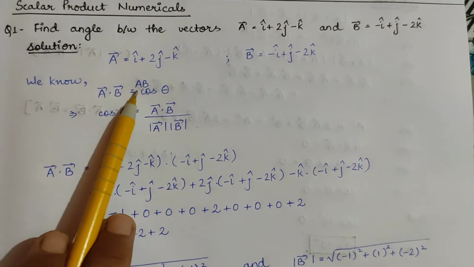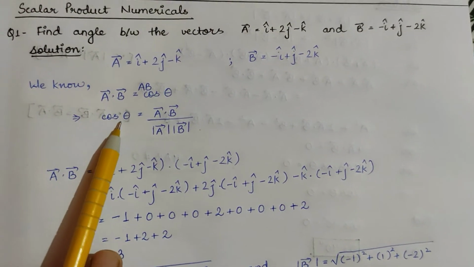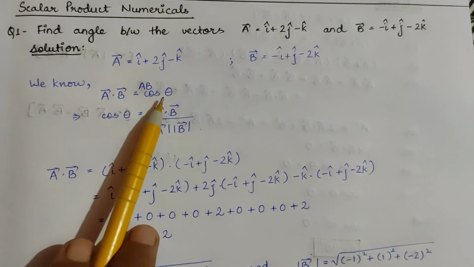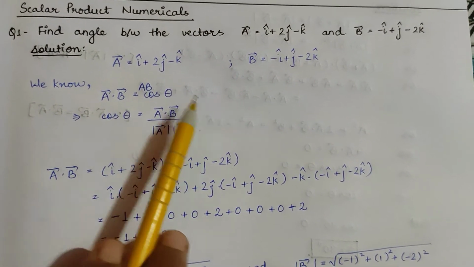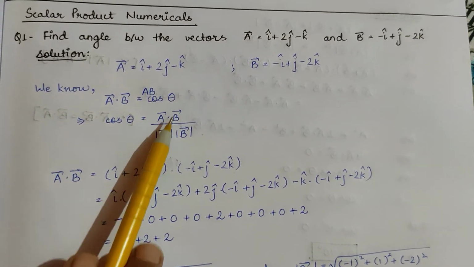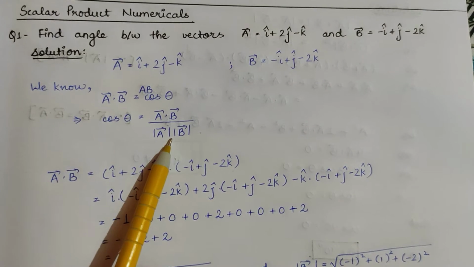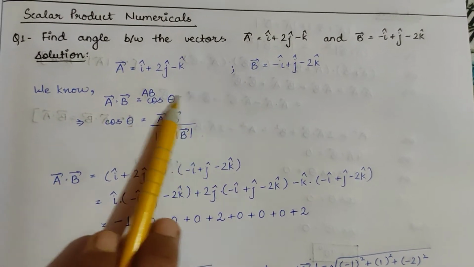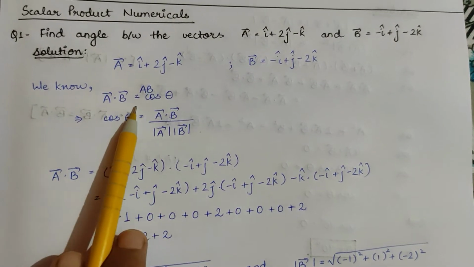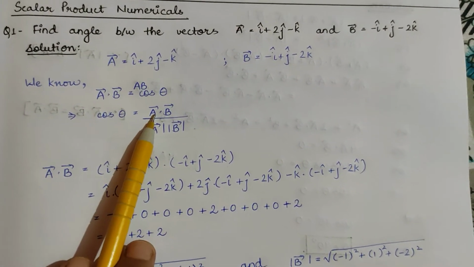If we rearrange it, cos theta is equal to vector a dot vector b upon the magnitude of vector A into the magnitude of vector B. But for this we have to find vector A dot vector B.